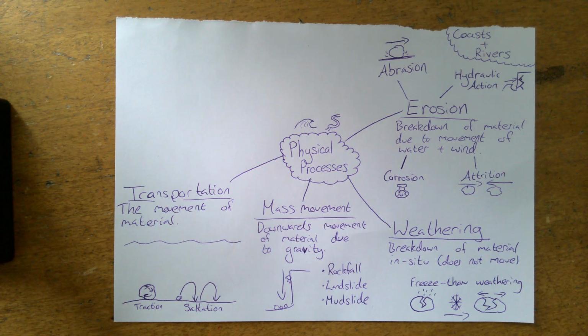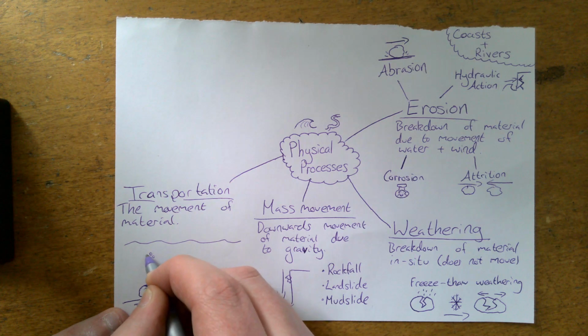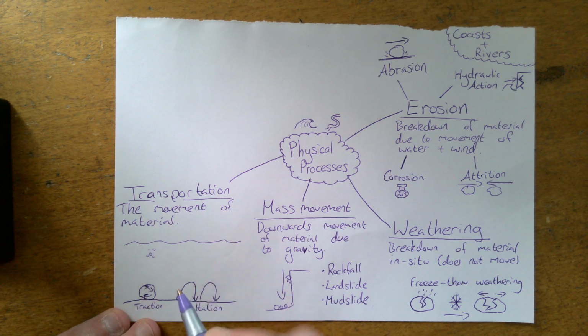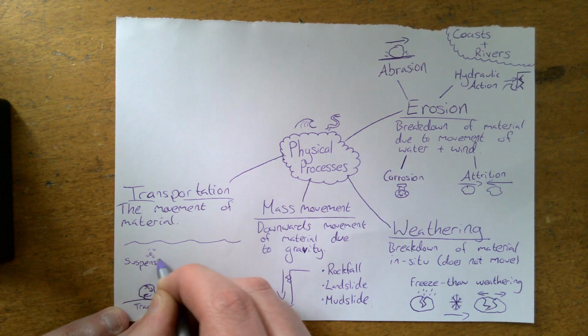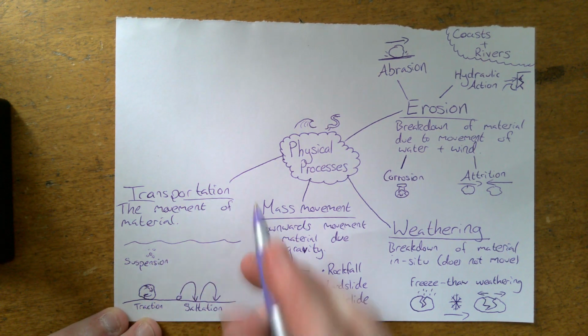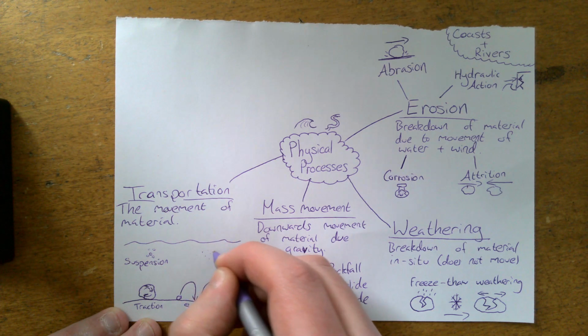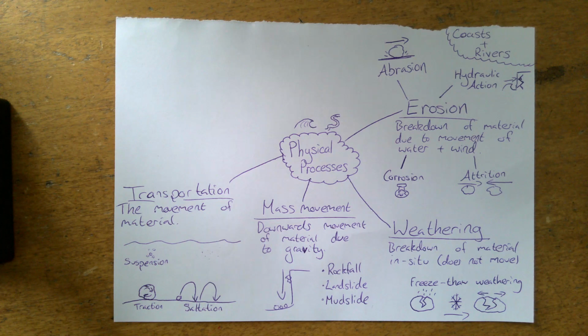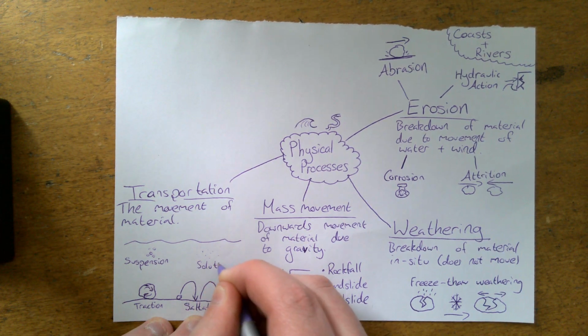The really, really small pieces of material, bits of sand and dirt, can be carried by the water, and that's what we call suspension. Finally, I'm going to draw a couple of very fine little dots. Some material can be dissolved into the water and then moved that way. That's what we call solution.